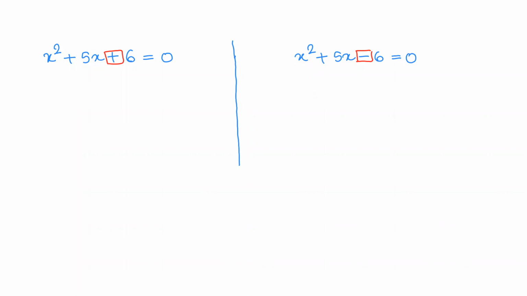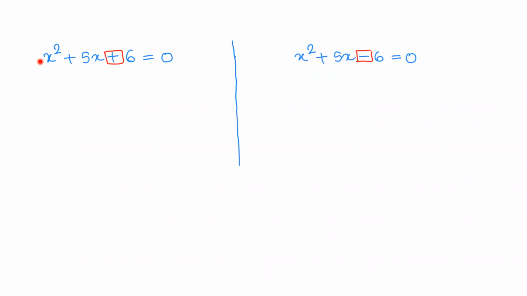Now this sign which I've put in a red box, that is the sign of the constant. Yes, the sign of the constant is a very important sign. Why and what importance it has, I will tell you slowly and steadily. What we have got to do is multiply the coefficient of x square with the constant term. Now the coefficient of x square, we see nothing written, which means the coefficient is 1.